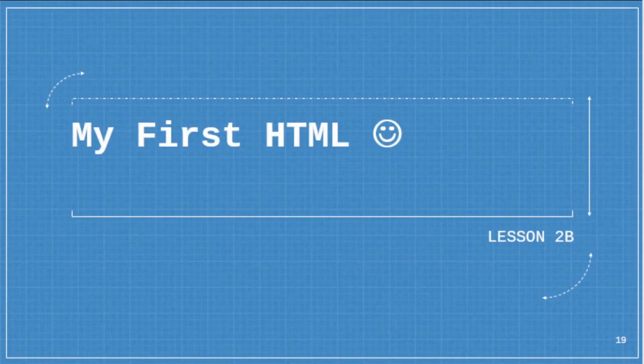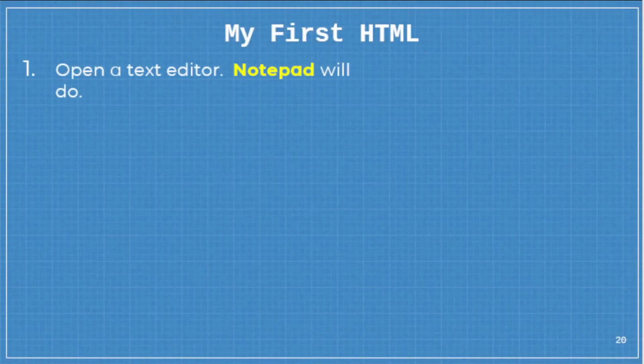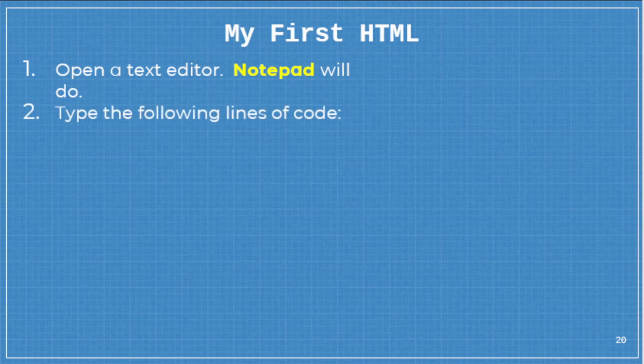Now let's proceed with our first HTML. This is lesson 2B. I need you to open a text editor. Notepad will do. We've been talking about Notepad since day one, so I hope that you are already familiar with it. Now I want you to type the following lines of code.